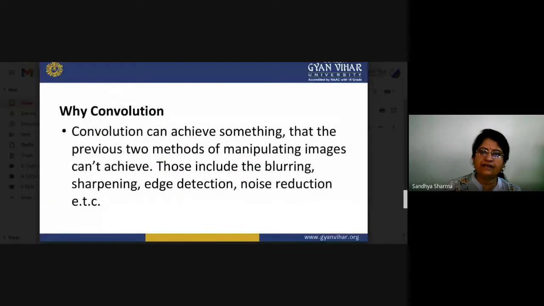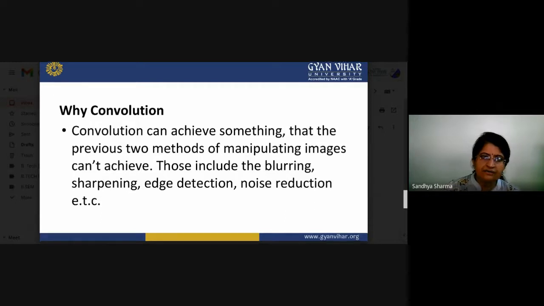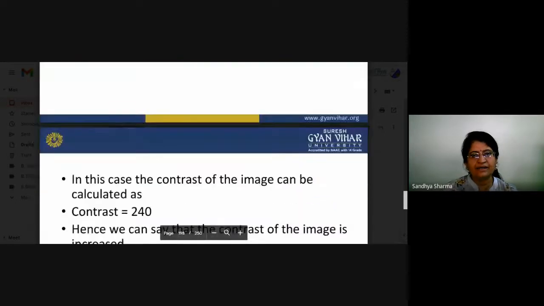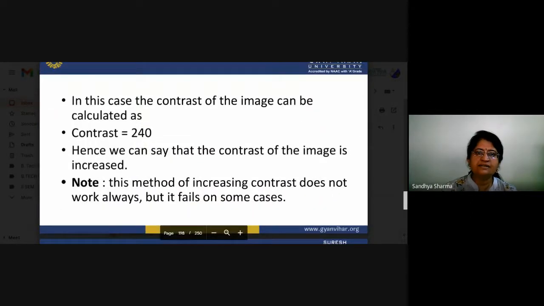So why convolution? Convolution can achieve something that the previous two methods of manipulating images cannot, and these include blurring, sharpening, edge detection, and noise reduction. That is basically the part covered by convolution. In this case, the contrast of the image can be calculated.